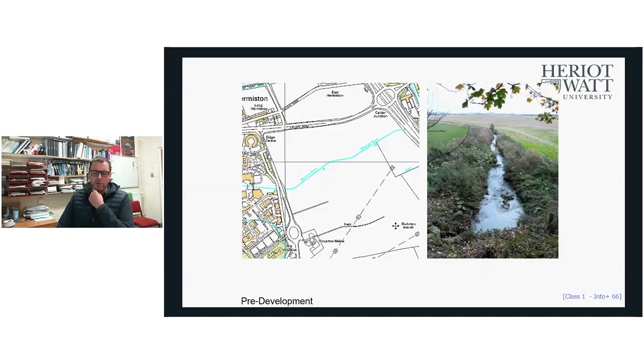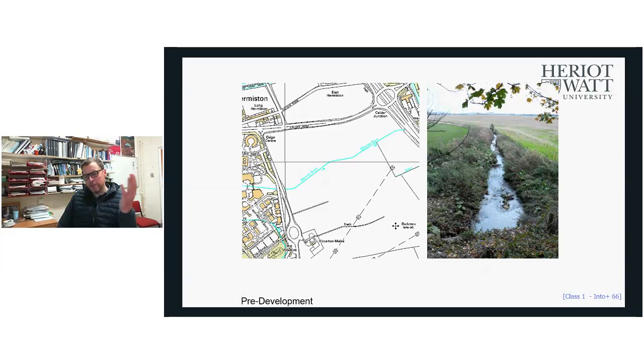The one next to Heriot-Watt, like all the park and rides around the city on this side of the River Forth, has 500 spaces with space to be doubled in size. There's not too many of them, to be honest, and I'm a bit sceptical about what the real impact is on congestion and pollution. But at the end of the day, it's fewer cars going into the city, so that must be a good thing.